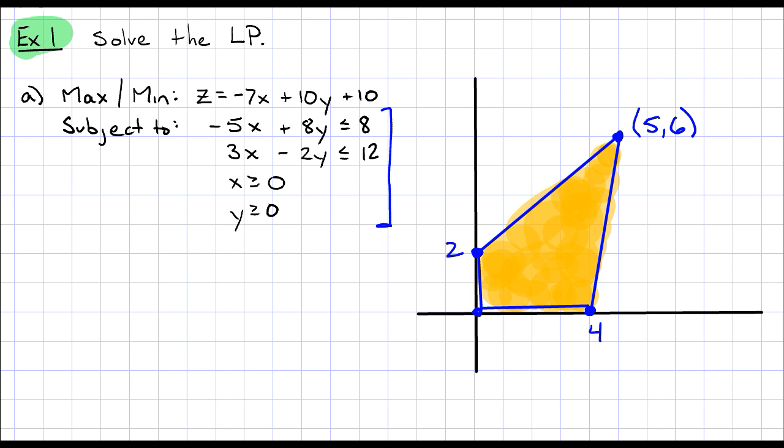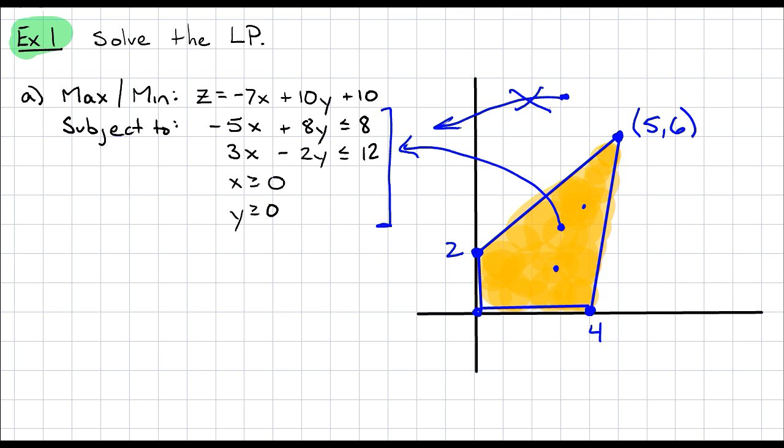Once I have my region, I then need to determine the best point. Just to explain quickly, if I take any point in this region, then the x and y coordinates of this point will satisfy the constraints, and these are the only points that satisfy these constraints. If I take a point outside of the region, it will fail to satisfy the constraints.